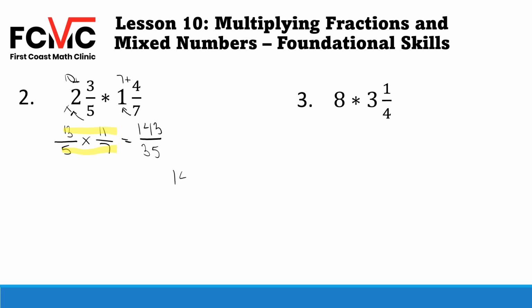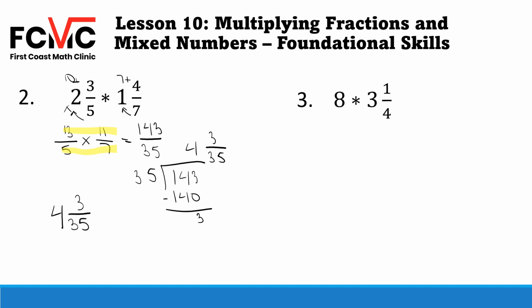So if we divide 143 by 35, 35 goes into 143 4 times. So we get 140 when we multiply. Subtract, we get 3 left over. So we get 3 35ths. So our mixed number here is going to be 4 and 3 35ths.